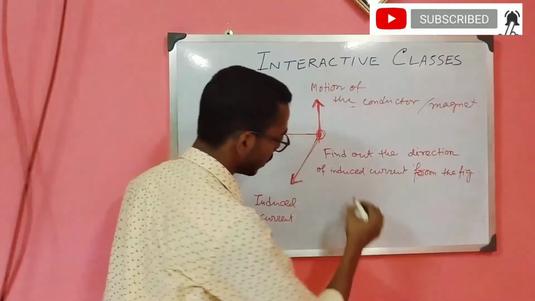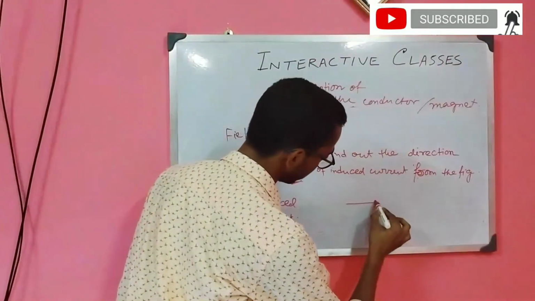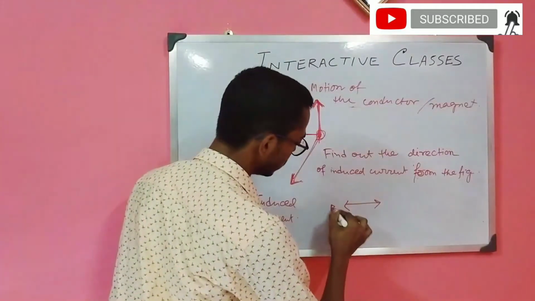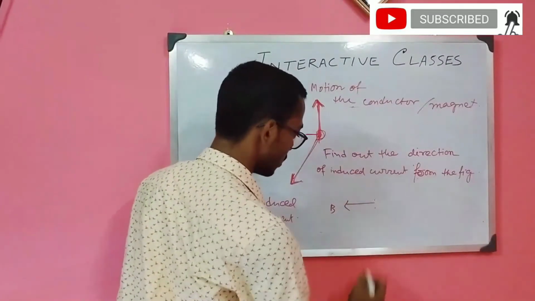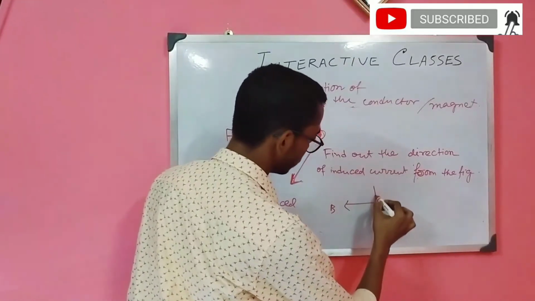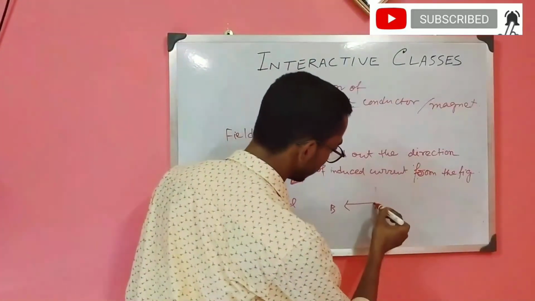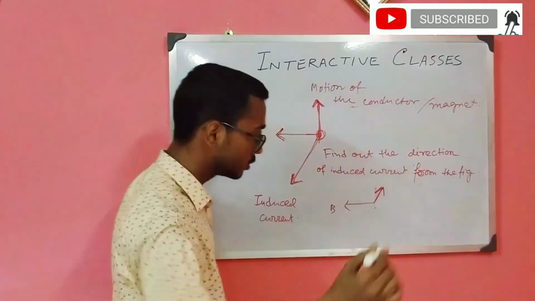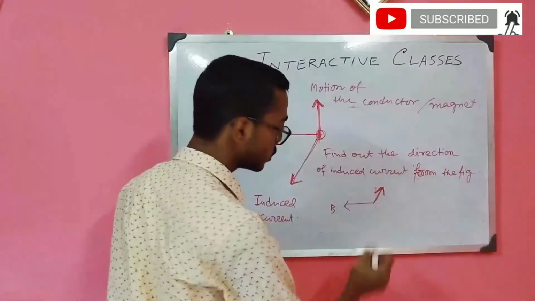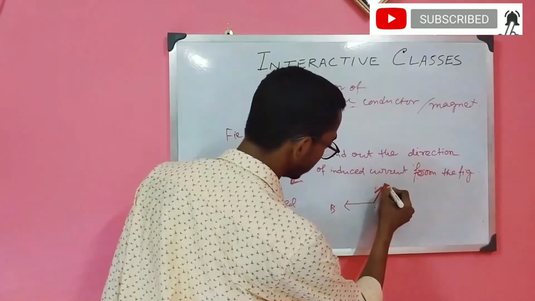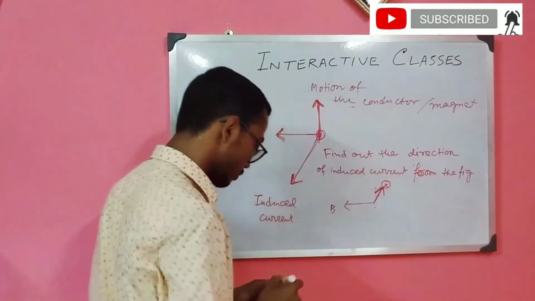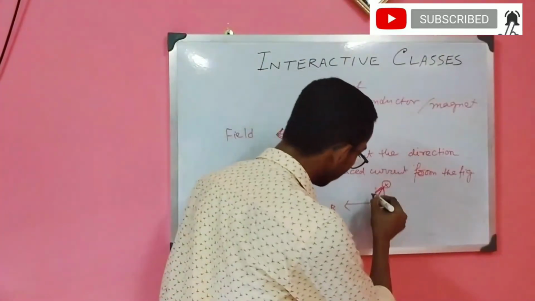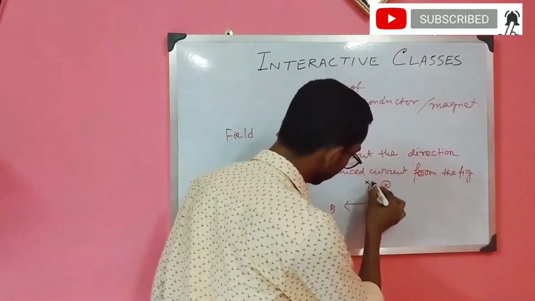And in the figure the field is given in this way like this, B. The motion of the conductor may be given within the plane of the board. That means it goes straight inside like this. We point it by this symbol. So that means it is inside of this, like this. Okay.